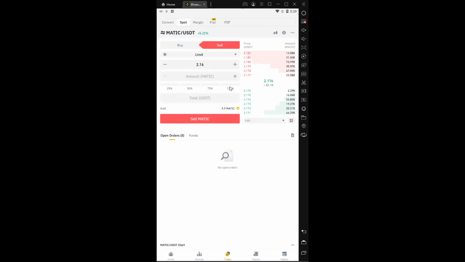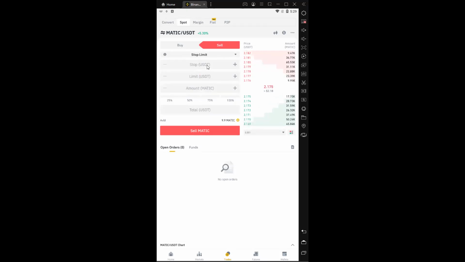But before now, if you pressed 2.14 and 100%, it would sell at 2.14 immediately, even though the market is higher than that price. So you don't want that. You select stop limit, you press 2.16. You select the amount you want to sell. Let's say I want to sell 50% of this if it enters that price. So I press sell.